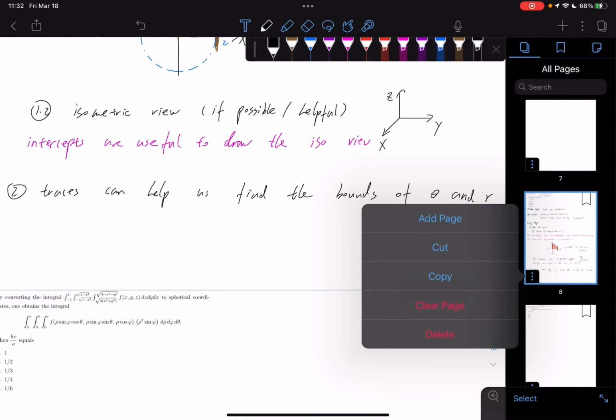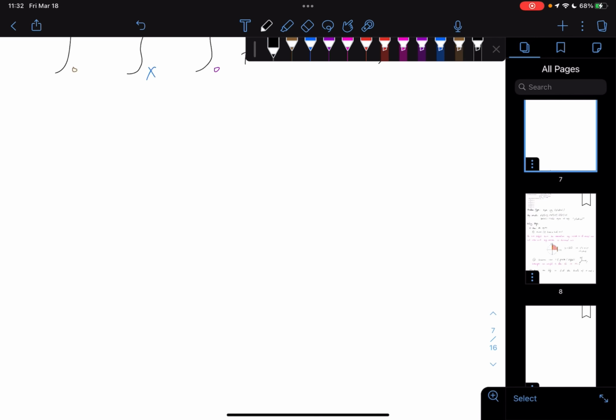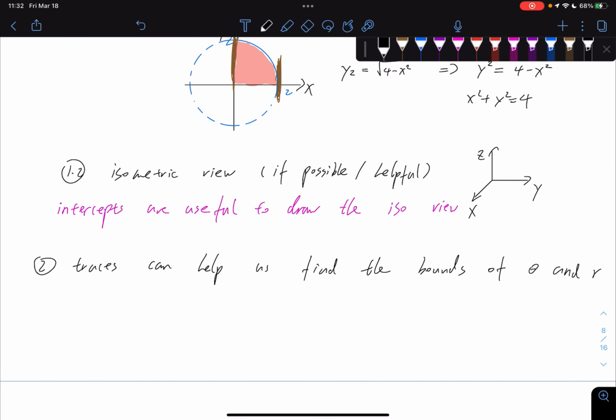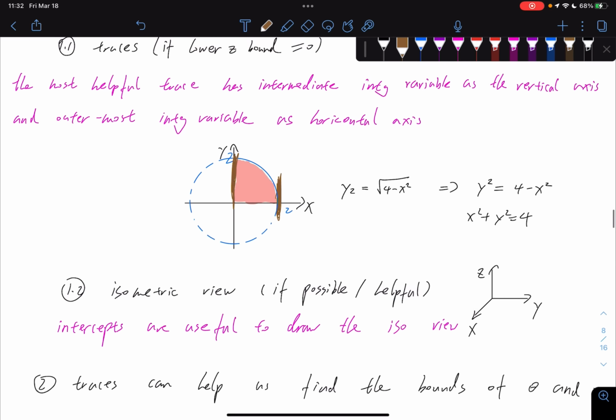Let me add one more page here. So let's go back to the traces, shall we?